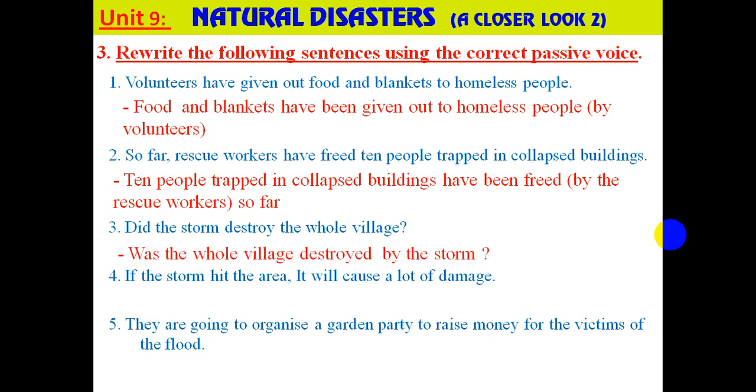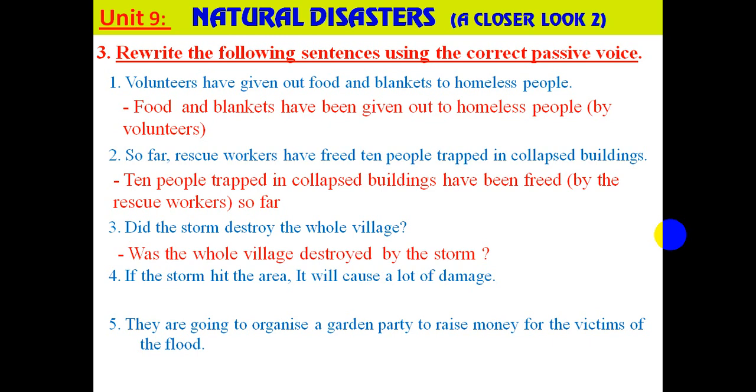We have, was the whole village destroyed by the storm? Was the whole village, the subject. Destroy is a regular verb, so we add ed after destroy. Was the whole village destroyed by the storm?